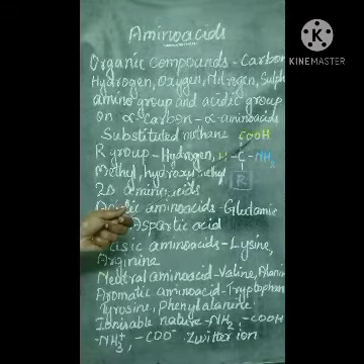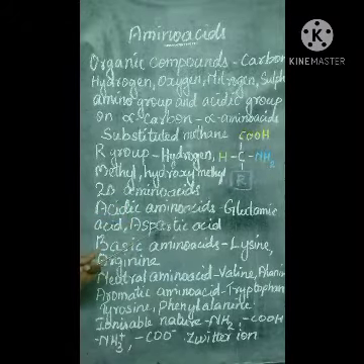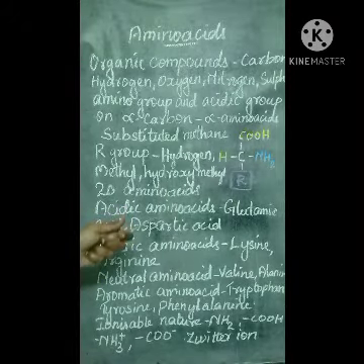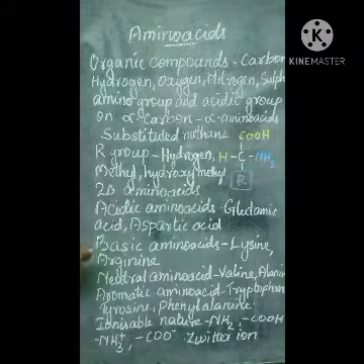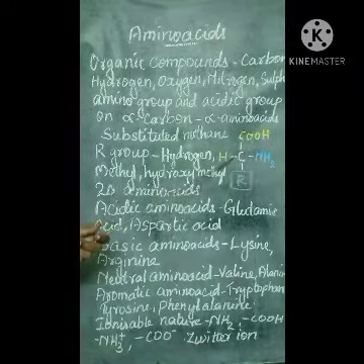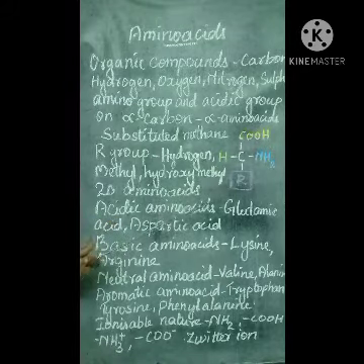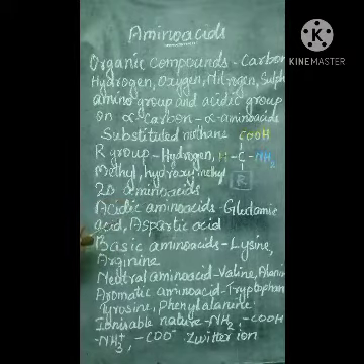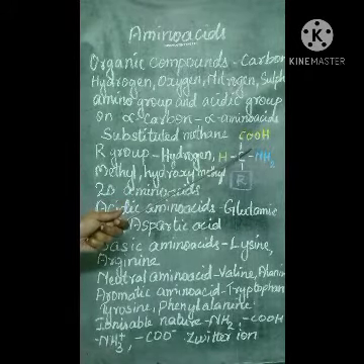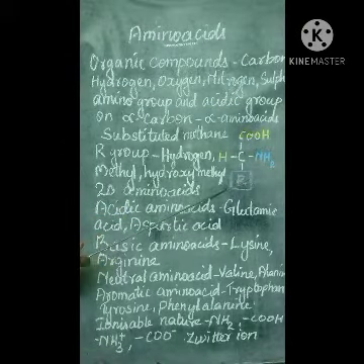Hydrogen, carboxyl group, amino group and an R group. These four groups will be substituted in the 4 valency positions. Okay, so here this carbon has 4 valency positions. So in these 4 valency positions, the 4 groups are substituted. Okay, what are the 4 groups? Hydrogen, carboxyl group, amino group and the R group.